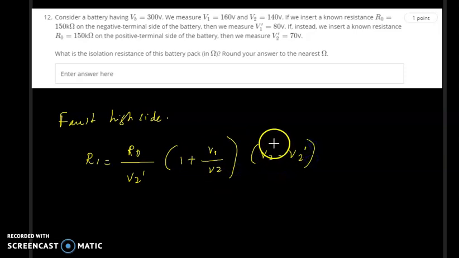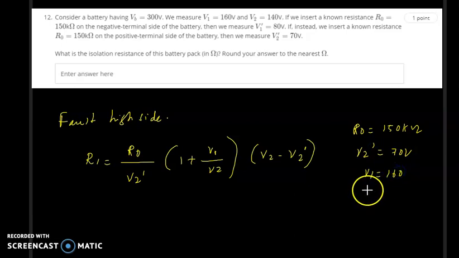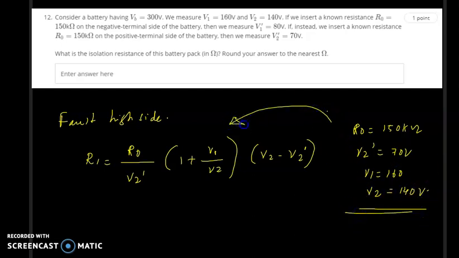From the passage, R naught is given as 150 kilo ohm, V2 dash is given as 70 volt, V1 is given as 160, and V2 is given as 140. If you substitute all this into the expression, you can find the isolation resistance on the high side.